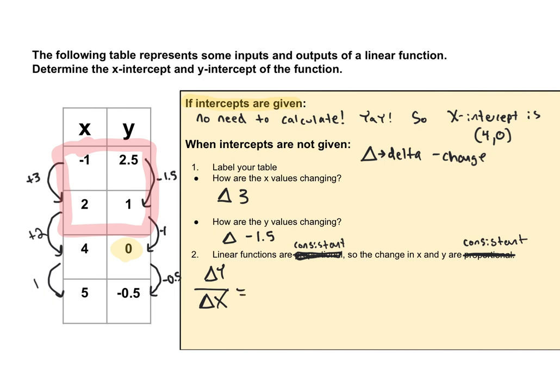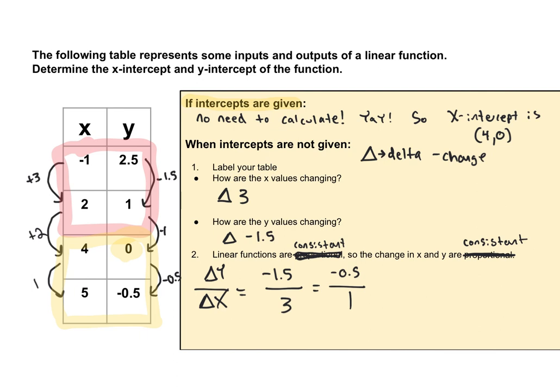So here, for those two pairs, we'd say our -1.5 over 3. And we can use this rate to find a unit rate. So -1.5 divided by 3 is -0.5 over 1, which, strangely enough, is our change in y over change in x for these pairs. That is our base change.